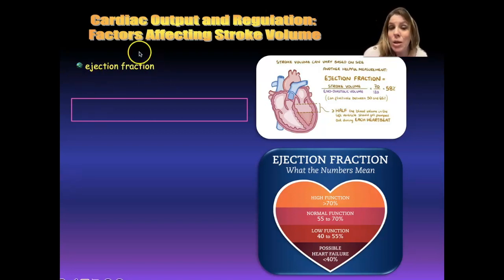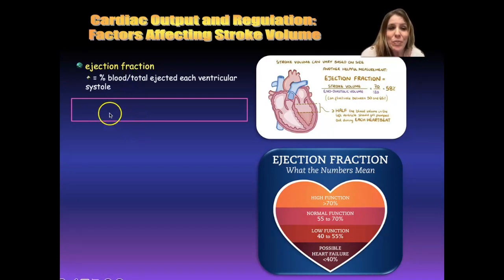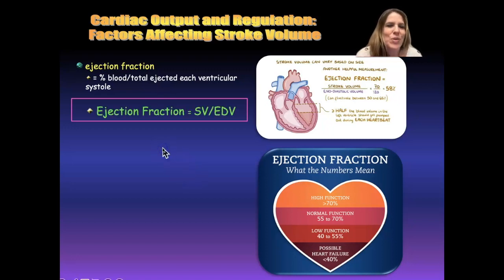So this can be calculated by something called the ejection fraction, which is just the percent of the total blood that was in the ventricle that is ejected with each ventricular systole, with each ventricular contraction. To calculate ejection fraction, all we do is take the stroke volume and divide it by the end diastolic volume.